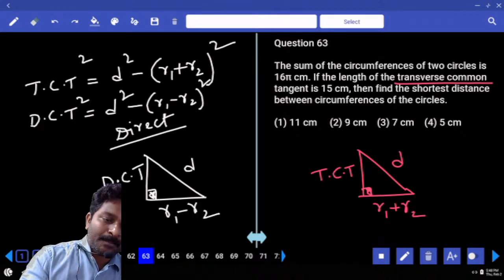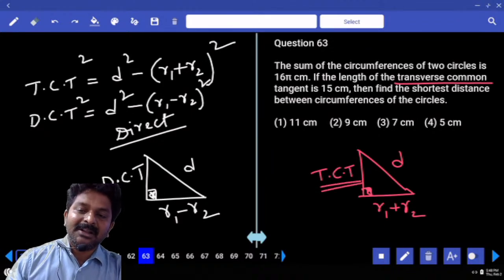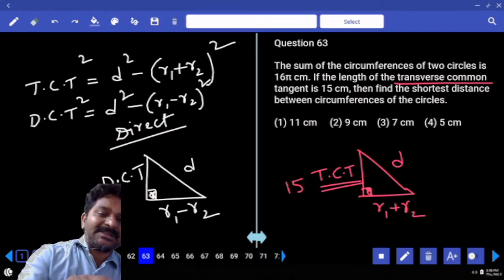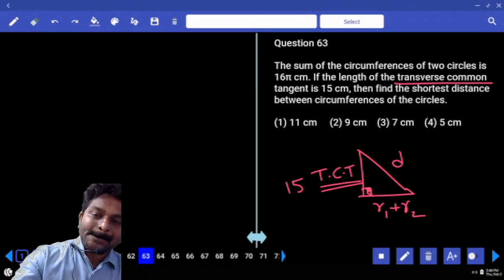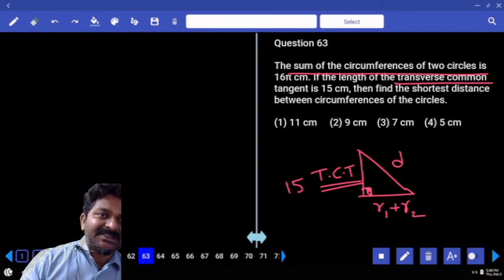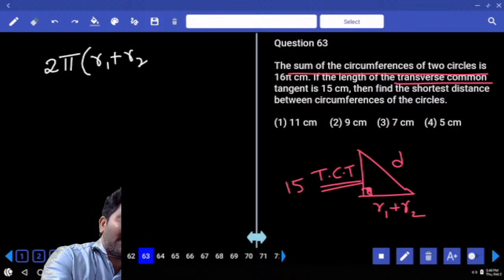Okay? So now we were given the transverse common tangent. How much is that? 15. And we need to know R1 plus R2. For that, the sum of circumferences of two circles is 16 pi. Circumferences sum: 2 pi (R1 plus R2).